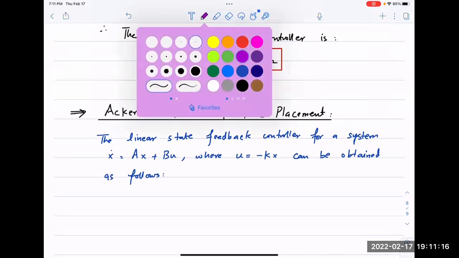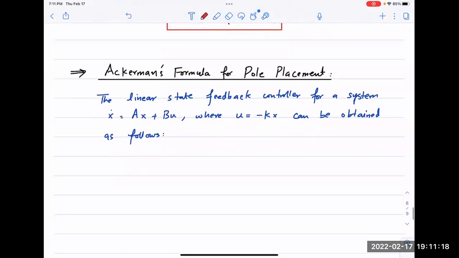Right, so the formula is that K equals Q1 alpha C of A.